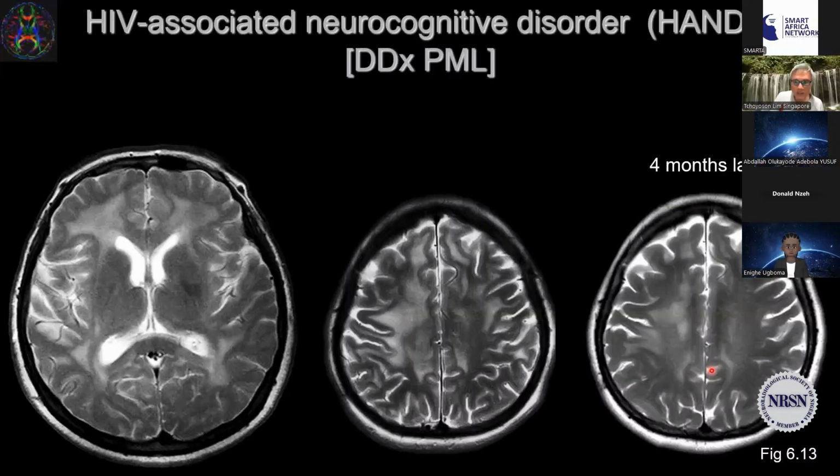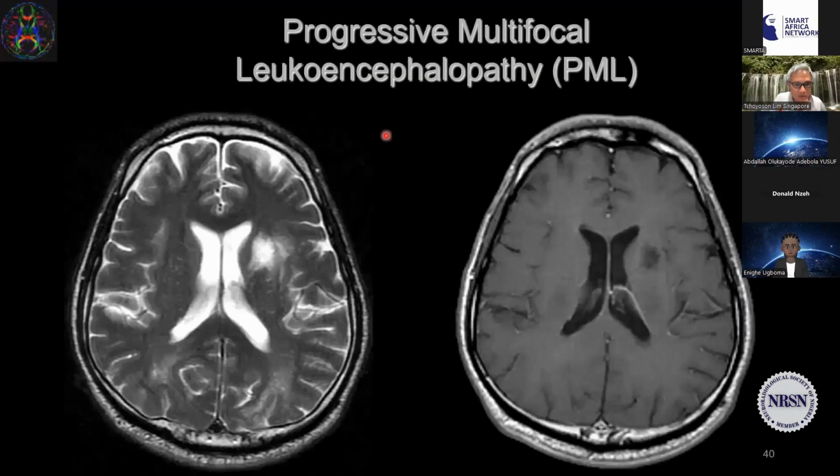In contrast, this is a patient with PML. PML also gives you white matter high signal intensity, and this is a demyelinating process rather than destruction by the HIV virus.